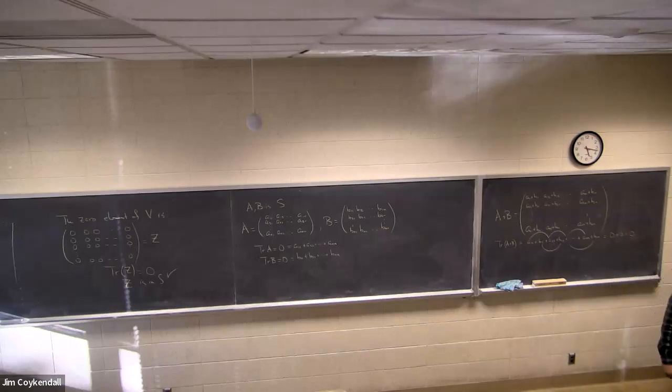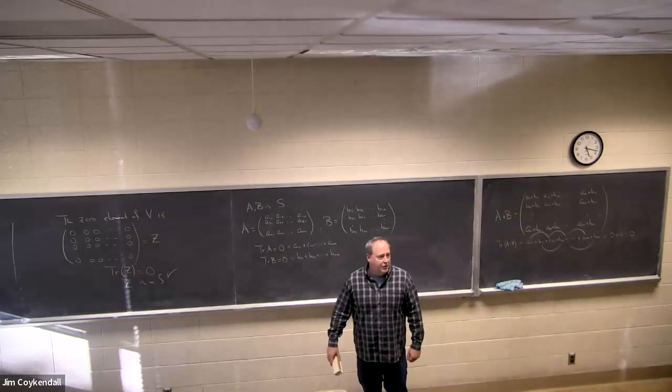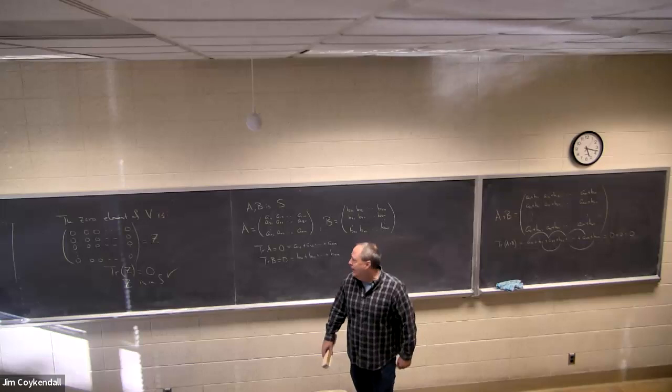So if I have two matrices A and B that have trace zero, their sum has trace zero, so it's still in S. So the last thing we have to do is show it's closed under scalar multiples.